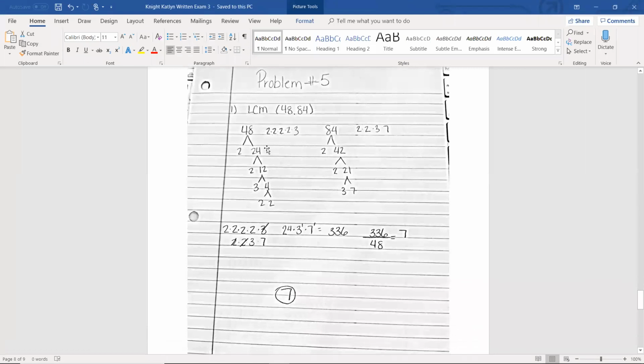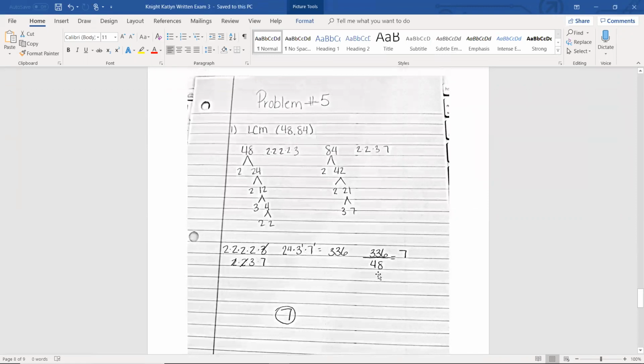Here I went ahead and did the factor tree of 48 and 84, and we've got 2 and 24, 2 and 12, 3 and 4, 2 and 2, and then 84. Then I wrote down the prime numbers that are in each of these numbers, and we cancel out these 2's and that 3. We get 2 to the 4th power times 3 to the 1st times 7 to the 1st, which is 336.